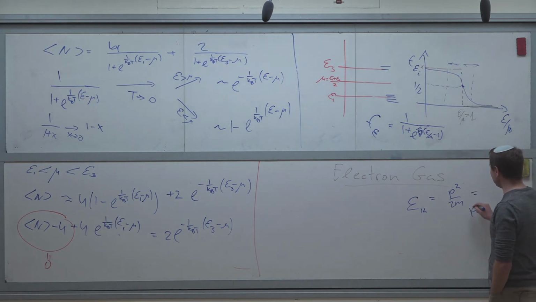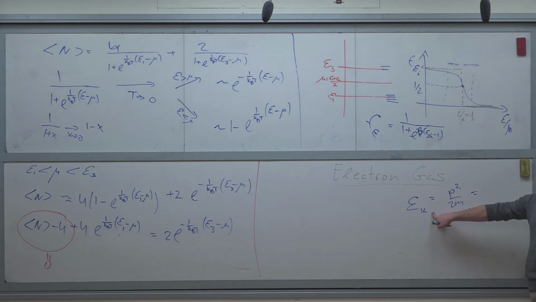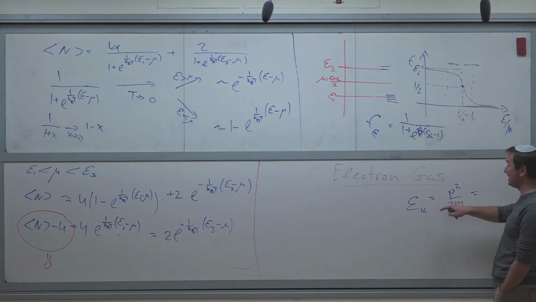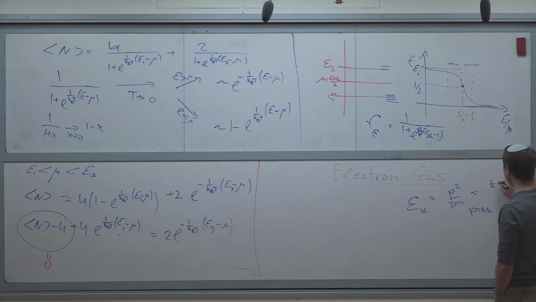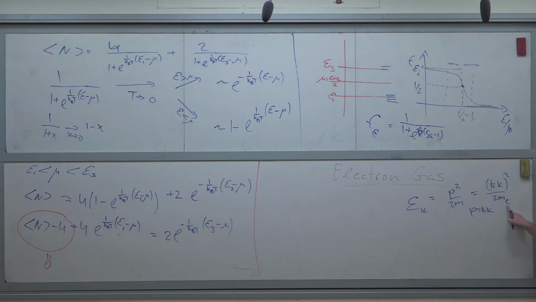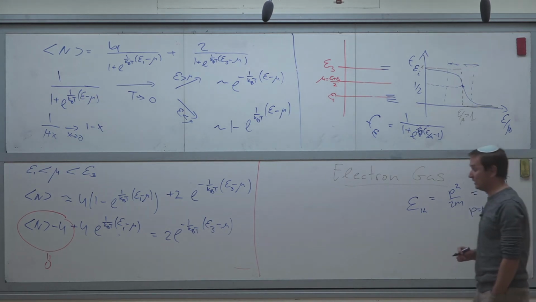And if we're using that p equals h bar k, so the energy of a given state, it's important to remember that we are dealing with states over here, is simply h bar squared k squared divided by 2m. And we can put an m_e over here because this is the mass of an electron.